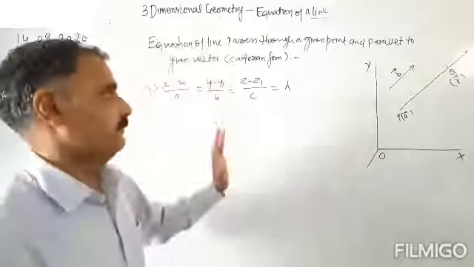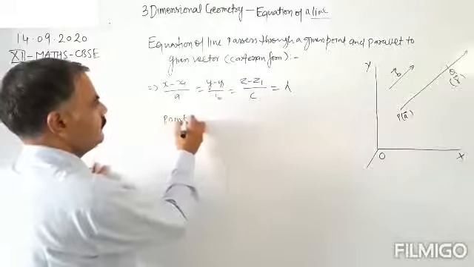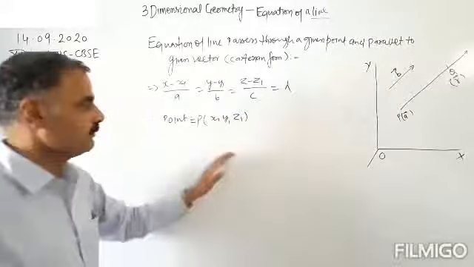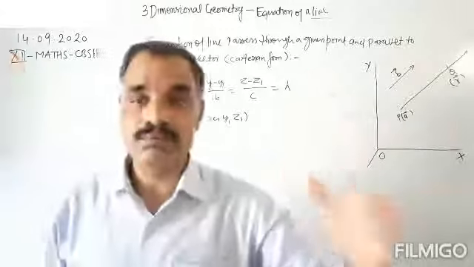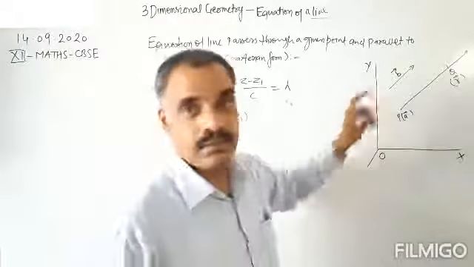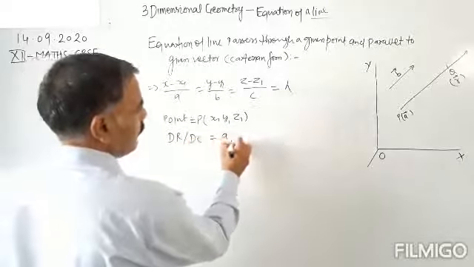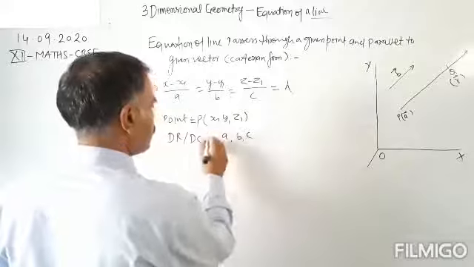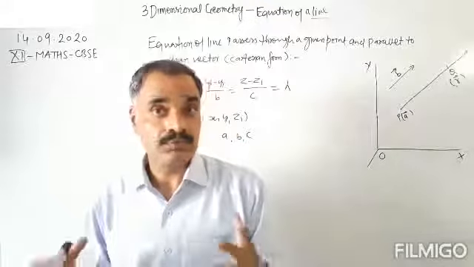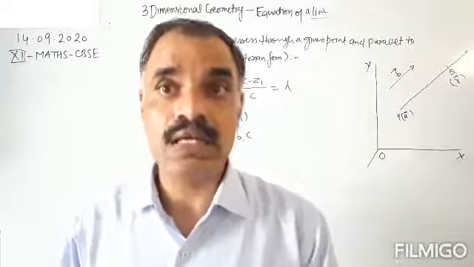Here x1, y1, z1 is the point P. The line passes through the point P (x1, y1, z1), and a, b, c are the components of the vector. a, b, c are the direction ratios or direction cosines of the given vector to which the required line is parallel.